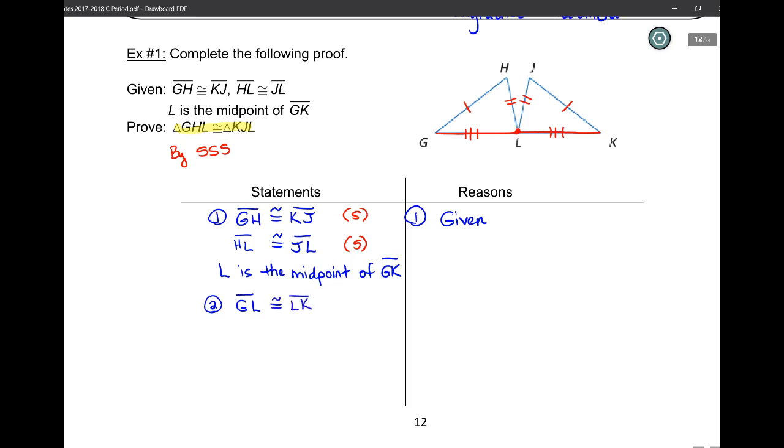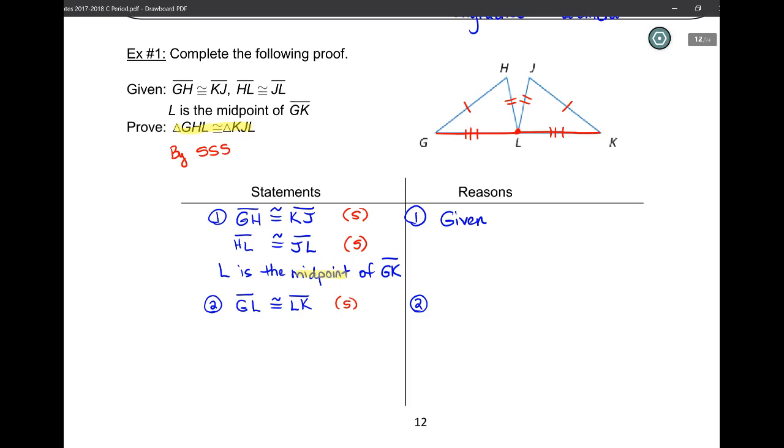And actually that's my third pair of sides, but we need a reason. So the reason, again, remember how I said always go back and look at the information that is given. Look at the vocabulary that is used. It says here it's the midpoint. So that basically leaves us with two choices. We have definition of midpoint or midpoint theorem.